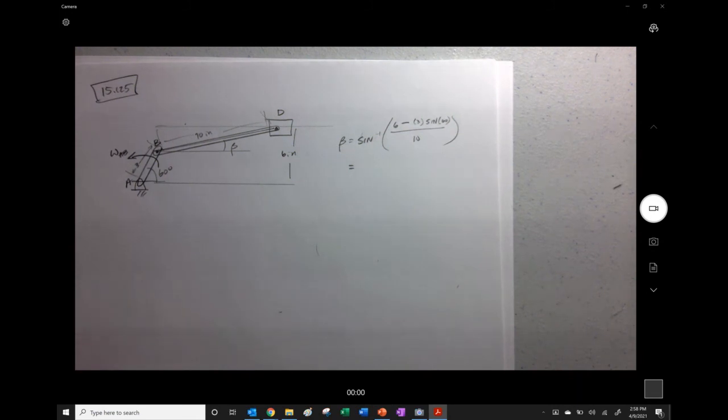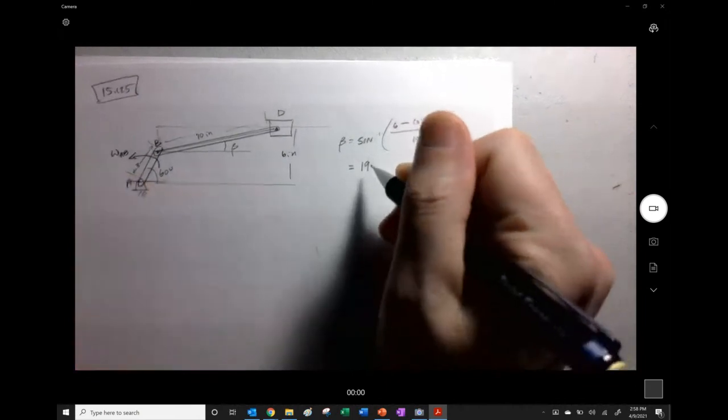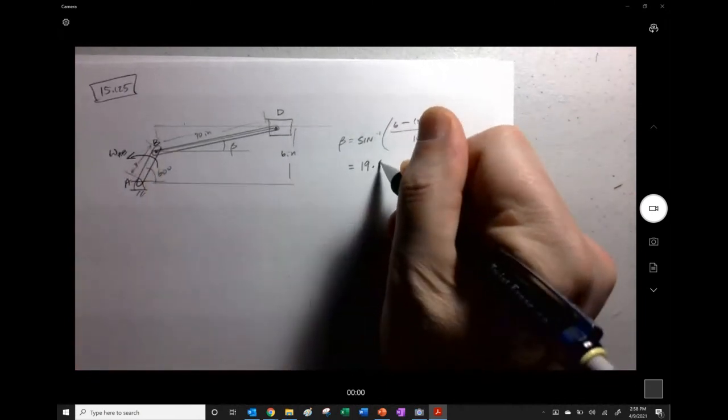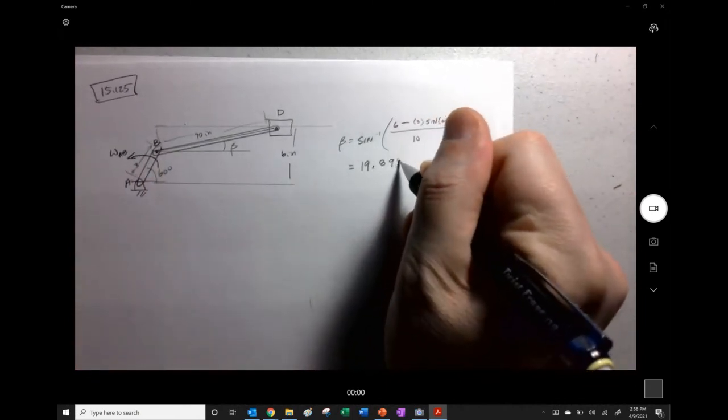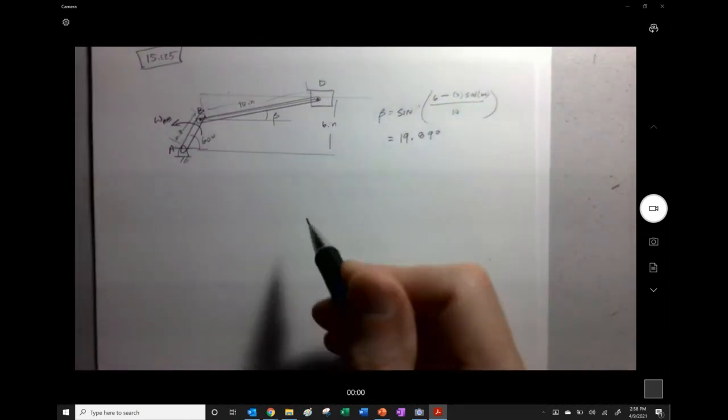So 6 minus 3 times sine 60 is 3.4, and take 10 and divide and take the inverse sine. So I get 19.89 degrees right there. That's what beta is equal to.